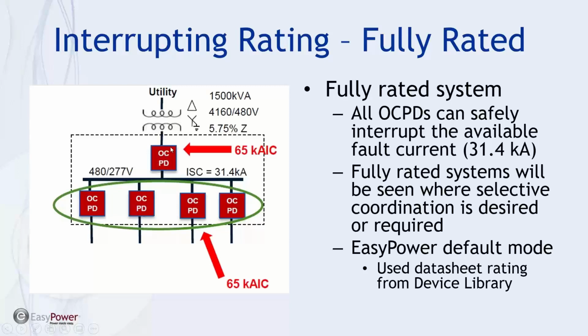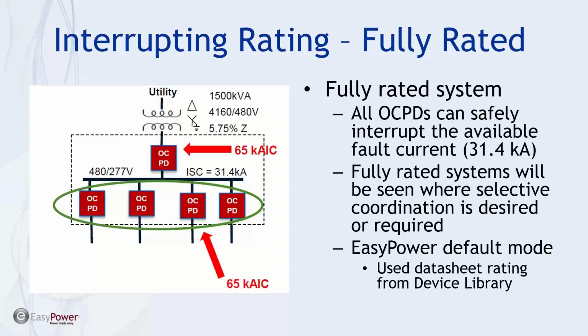So for instance, in this particular example, we have a predicted short circuit available fault current of just over 31,000 amps. Each of our devices is rated for 65,000 amps interrupting, and consequently there's no problem with the protective devices being fully rated.